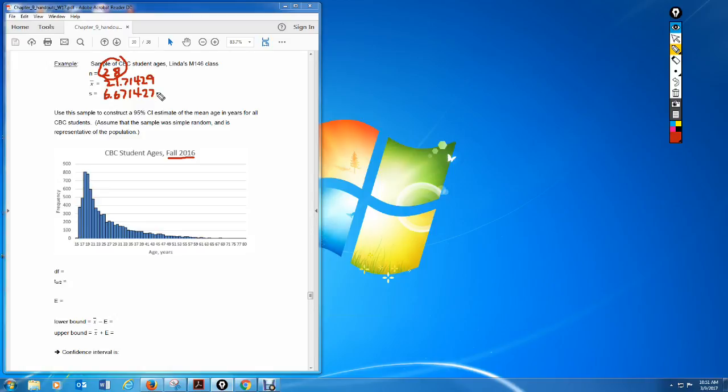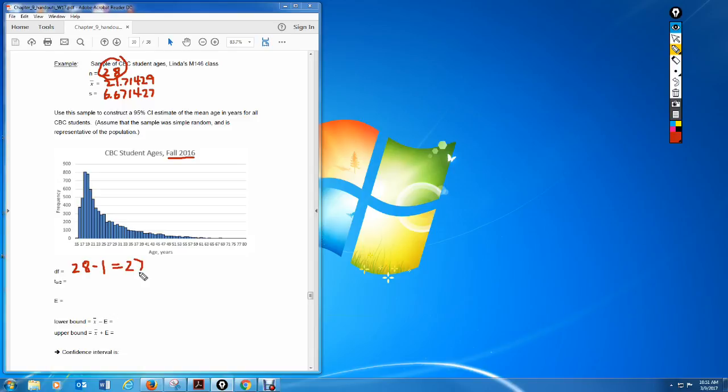Okay? So the whole goal here is to use our sample of 28 student ages to predict the mean age of all CBC students. All right, so our degrees of freedom is our sample size minus 1. Okay, so that is equal to 27.